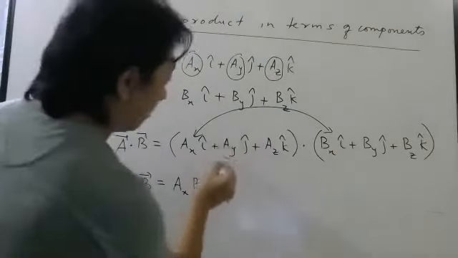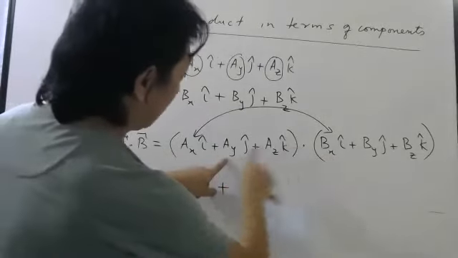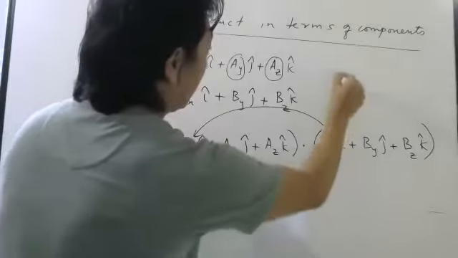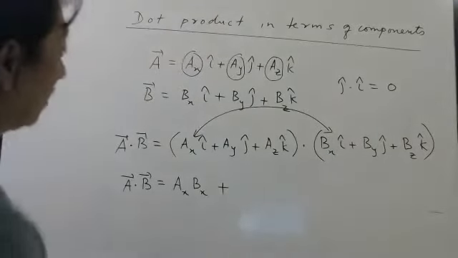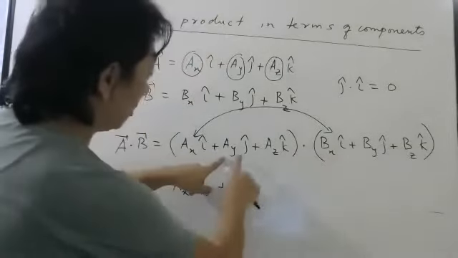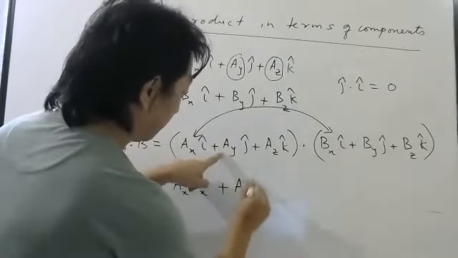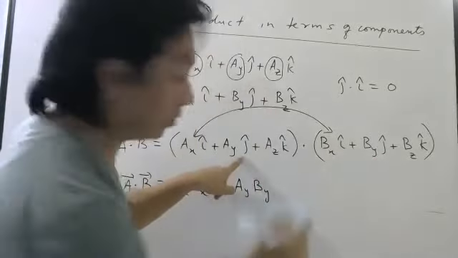Second term, let us come to this. This dot this: AY BX, j cap dot i cap. j cap dot i cap is 0 only, because they are also perpendicular. So this will be 0. This and this: AY BY, j cap dot j cap is 1, no need to write.